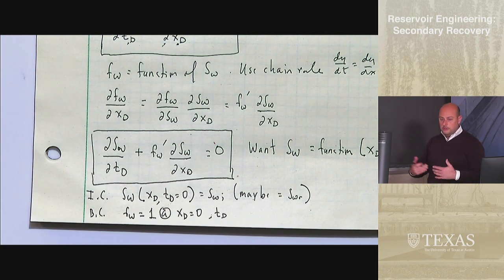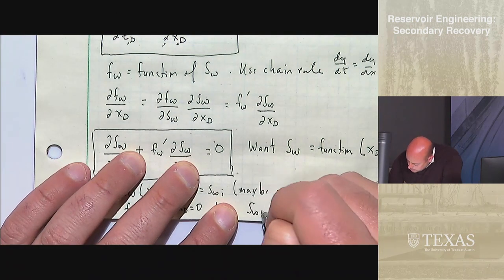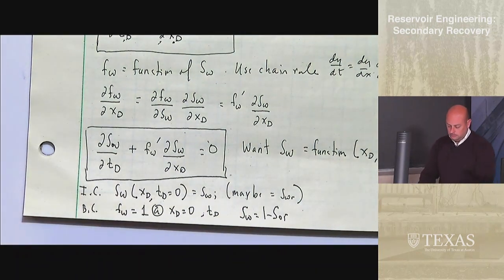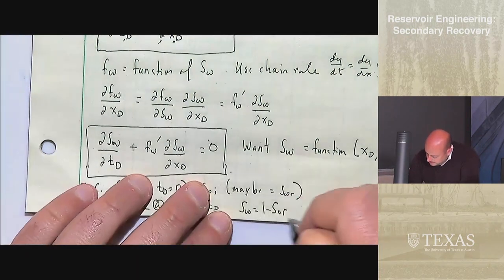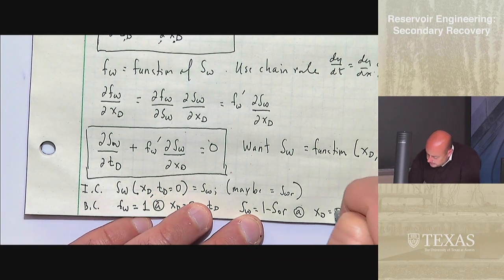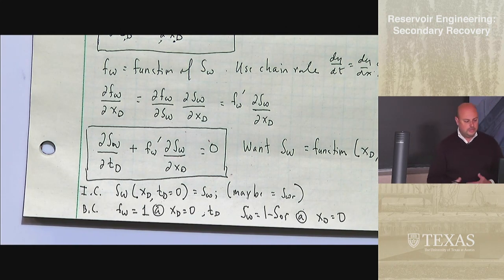Now, what you learned is that a fractional flow of 1 doesn't mean that the water saturation is 1. In fact, the fractional flow of water is equal to 1 when Sw is equal to 1 minus Sor. So Sw is equal to 1 minus Sor at xD equal to 0. That's another way of writing it. So that's our boundary condition.